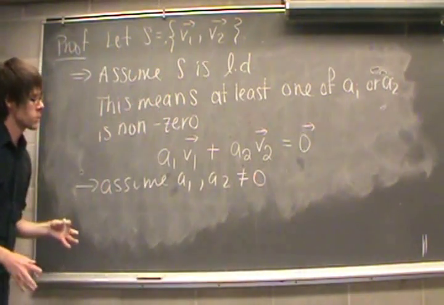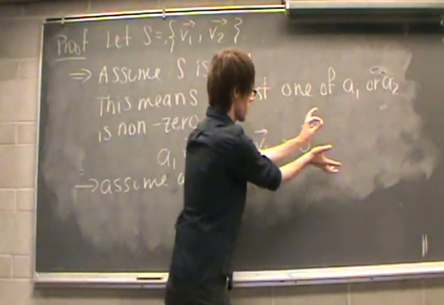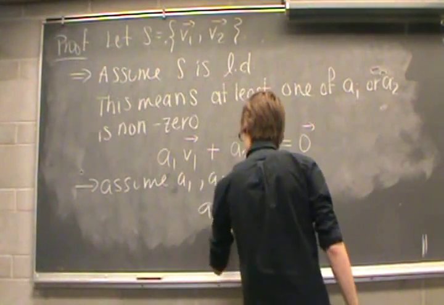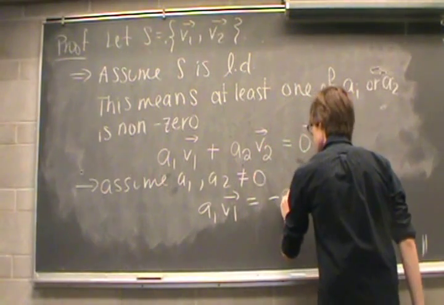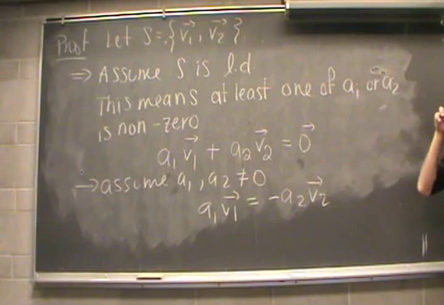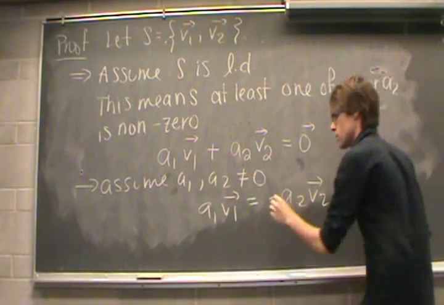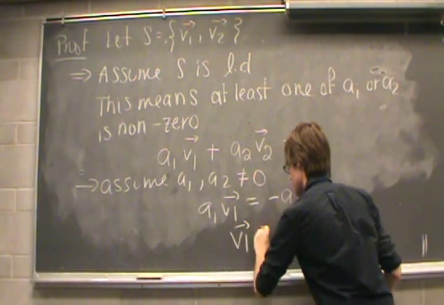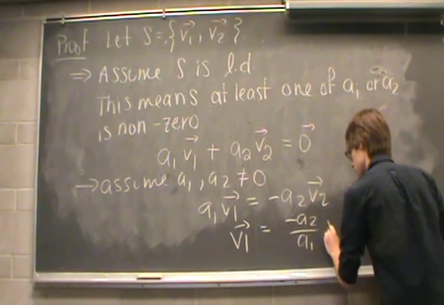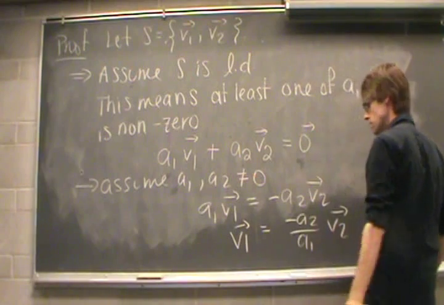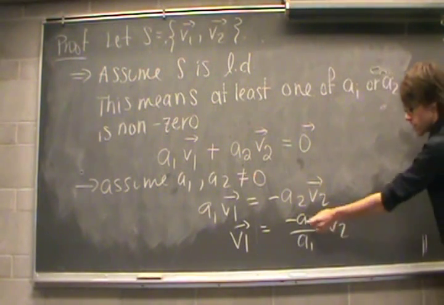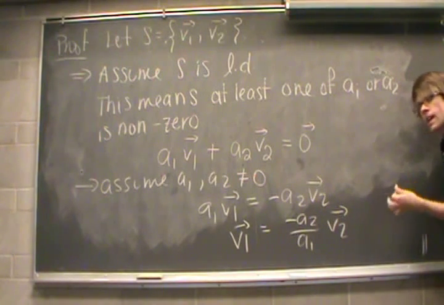If they're both not equal to 0, we can move v2 over to the other side. So we'll have a1 v1 equals negative a2 v2. And we can divide through by a1. So we get that v1 is equal to negative a2 over a1 times the vector v2.